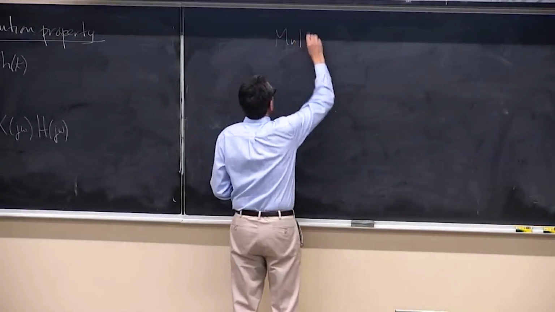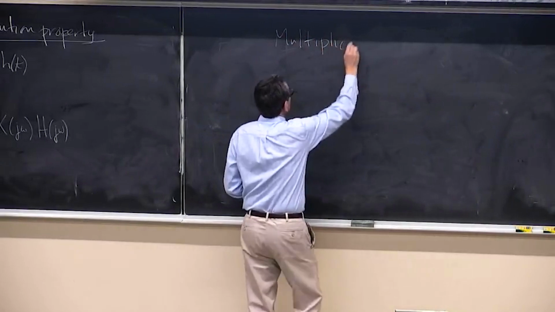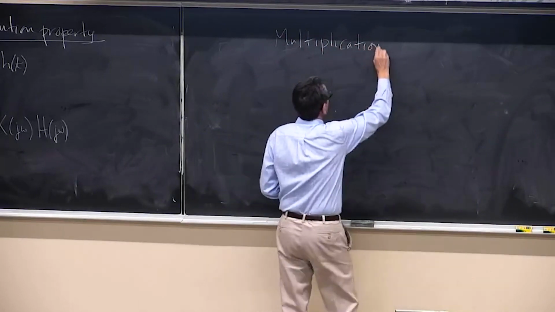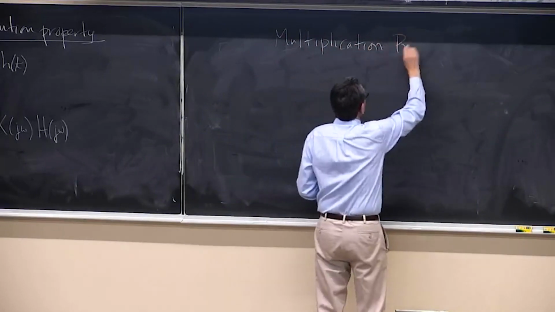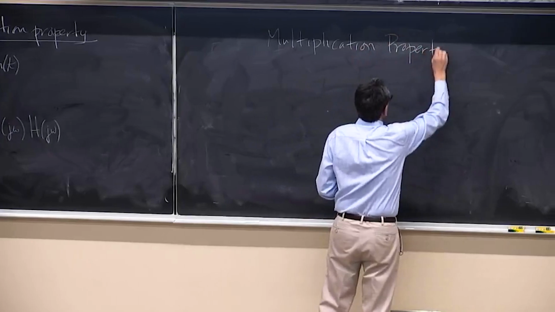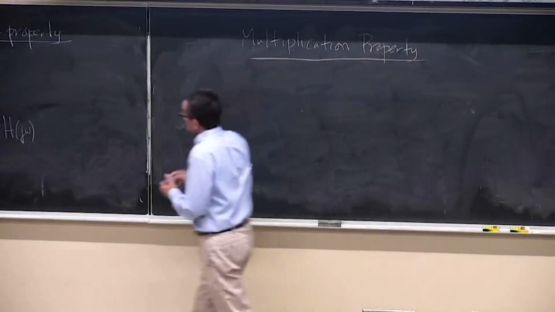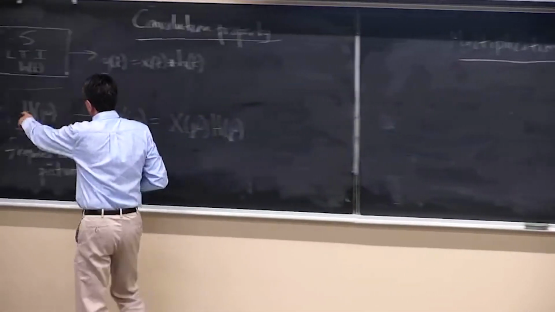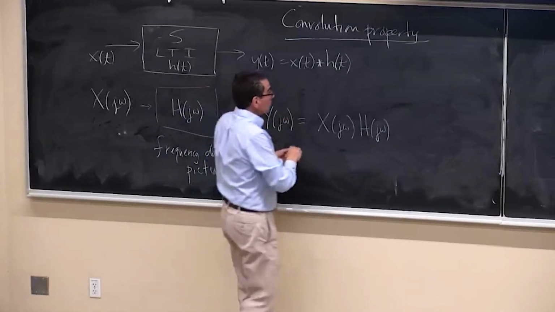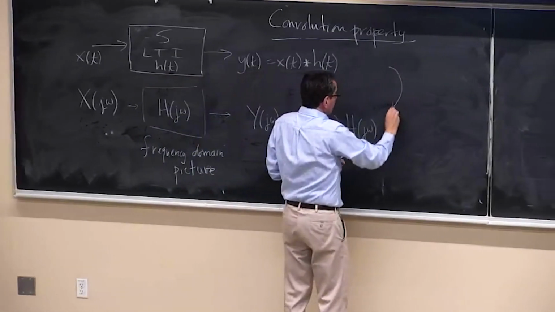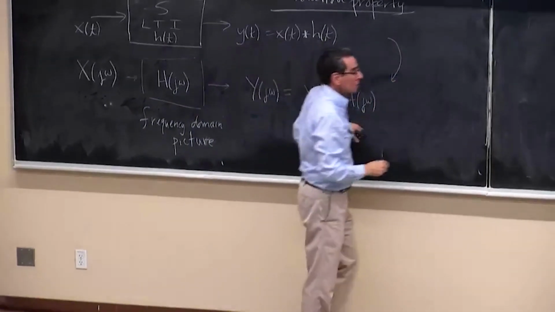So the multiplication property is sort of, again, kind of flipping things around. Here we saw that convolution in the time domain became multiplication in the frequency domain.